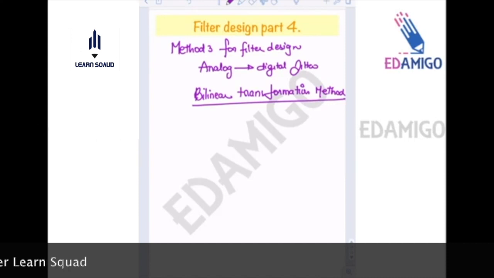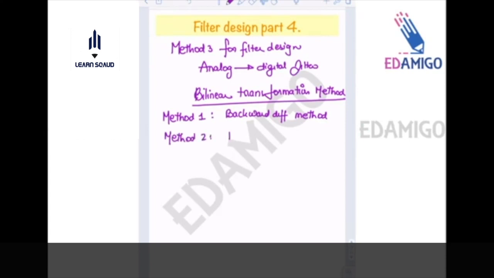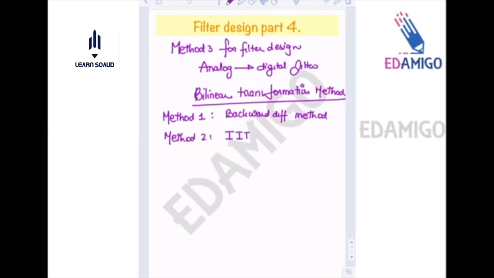Okay, now as we have seen, method 1 was the backward difference method, and method 2 was the impulse invariance transformation.